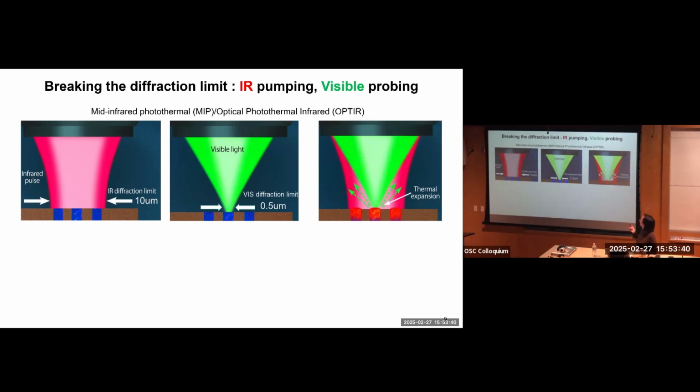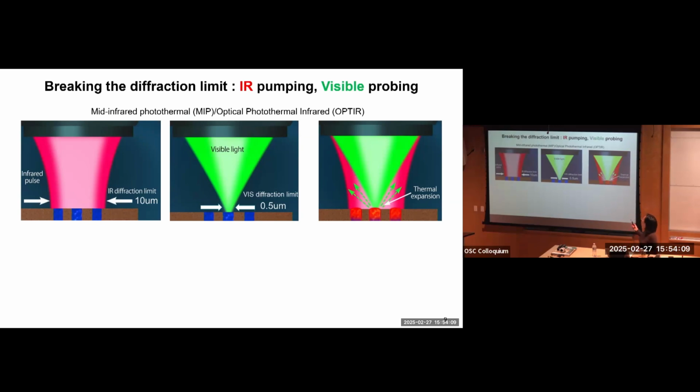And so the process is like this. When we shine a beam of infrared light on our sample, and our feature absorbs this infrared light, the absorbed energy will be released in the form of heat. It will cause a localized temperature increase, and this temperature increase will lead to an effect called the photothermal effect, and will cause the sample to expand and also change the refractive index in these localized regions.